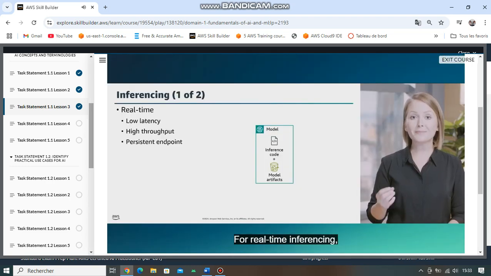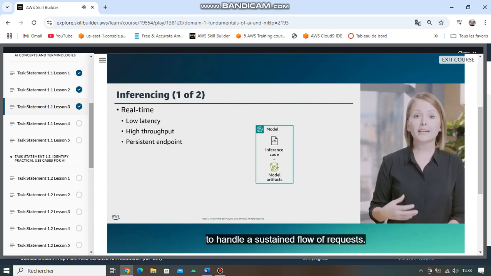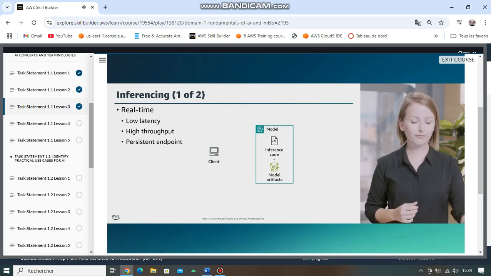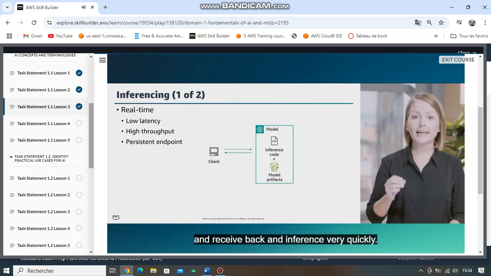For real-time inferencing, your model is deployed on a persistent endpoint to handle a sustained flow of requests. Clients send input data to the model and receive back an inference very quickly.